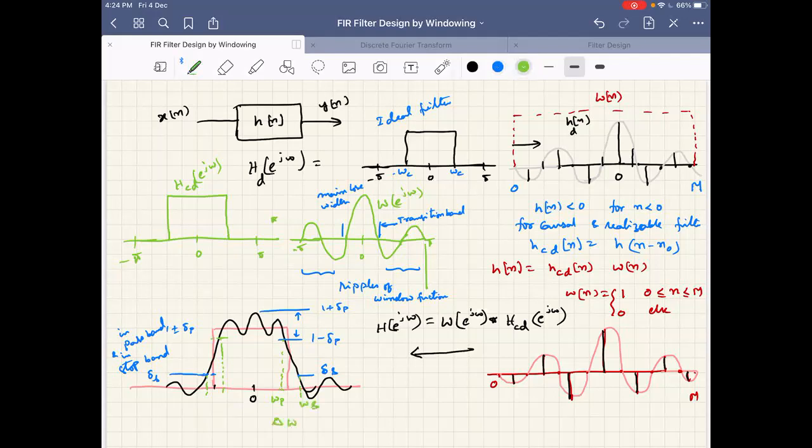So delta W, which is the transition bandwidth, is proportional to the main lobe width of the window function.